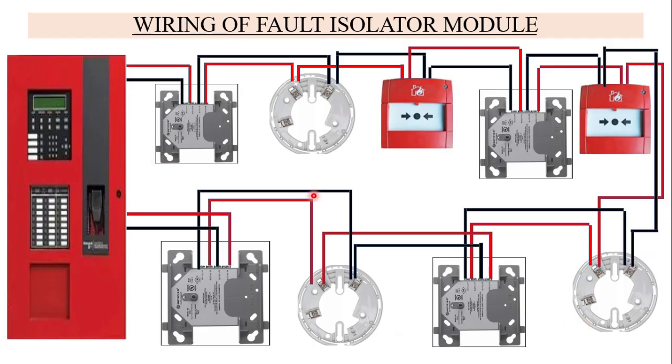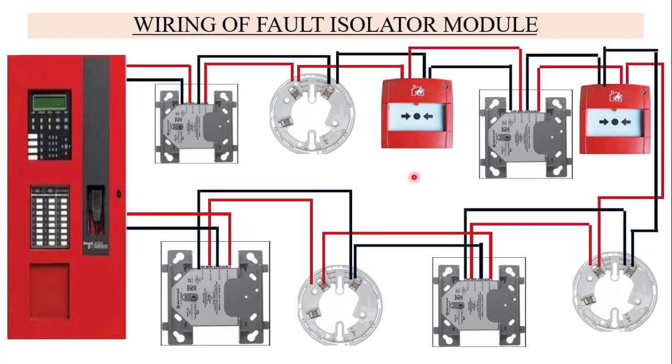Now let's say this detector has an issue over here, let's say it has a short circuit or a loose connection. In that condition, only this zone will be isolated, and the remaining will stay operational.